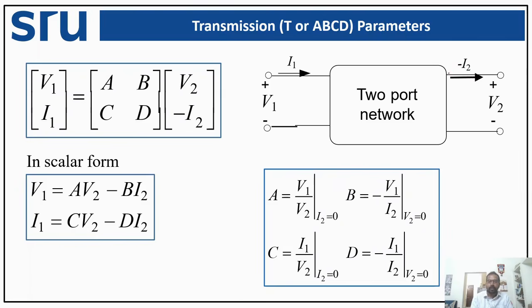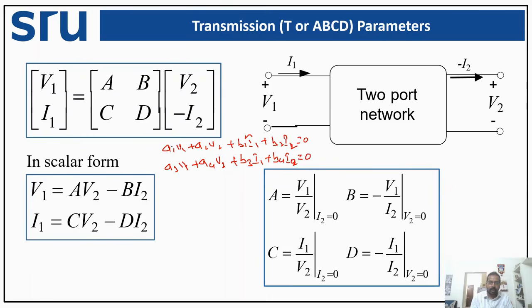These are the same equations obtained from our standard equation, that is A1 V1 plus A2 V2 plus B1 I1 plus B2 I2 equal to 0, and A3 V1 plus A4 V2 plus B3 I1 plus B4 I2 equal to 0.